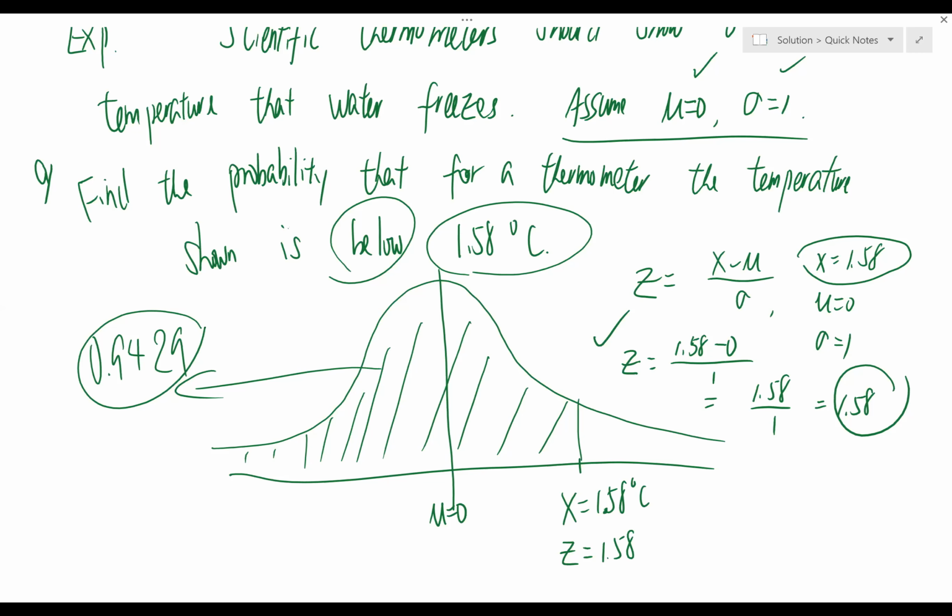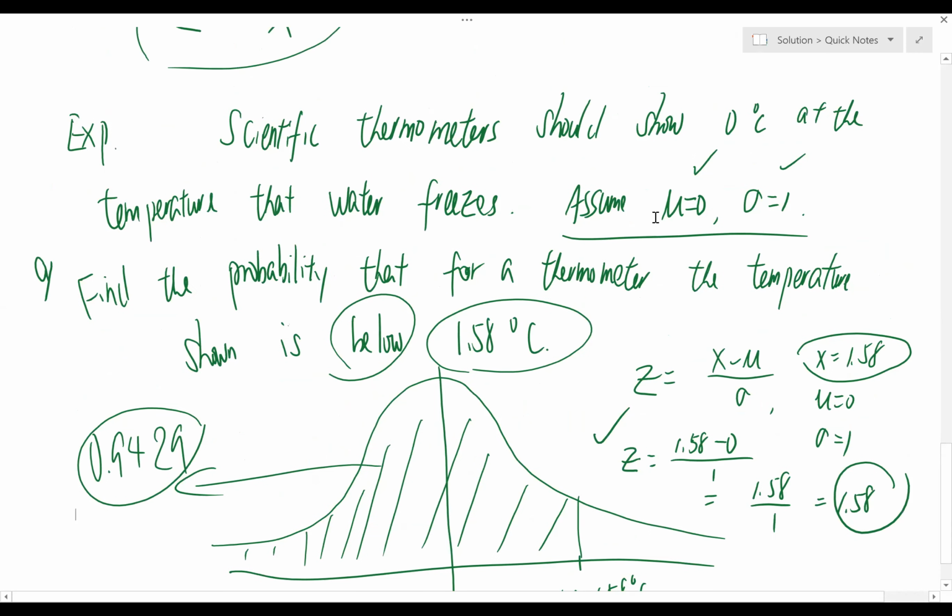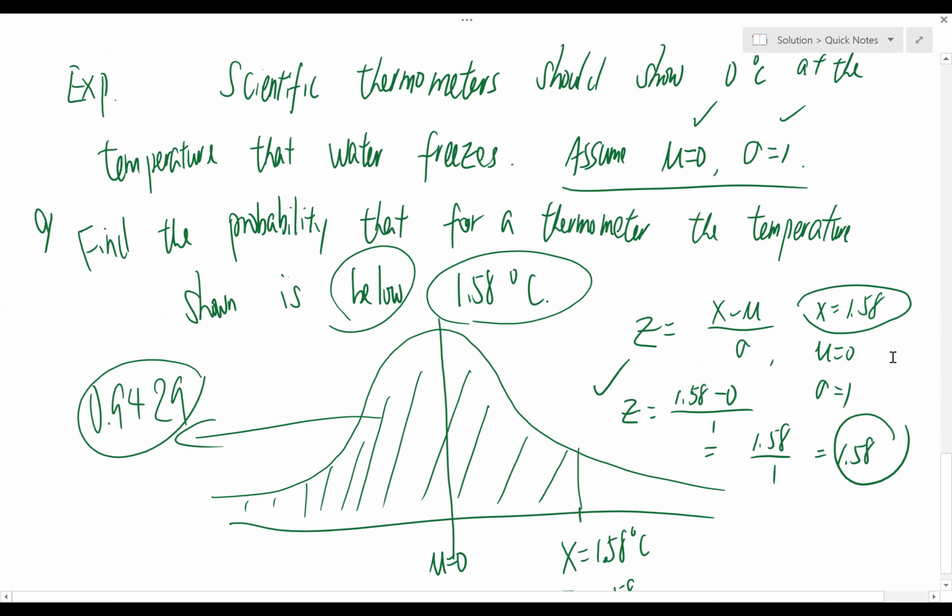That's the interval, so any temperature in between is possible. In this case, we're looking at the temperature below 1.58 Celsius. So this 1.58 Celsius becomes a continuous random variable, and it follows the standard normal distribution because the mean equals 0 and the standard deviation equals 1.